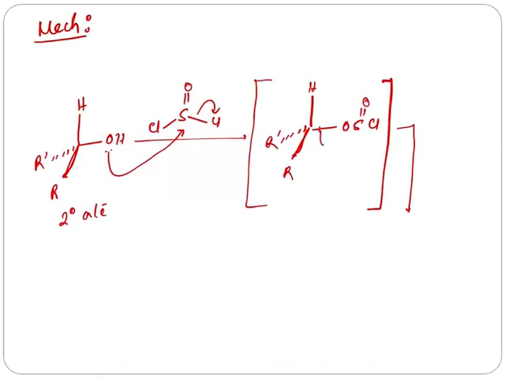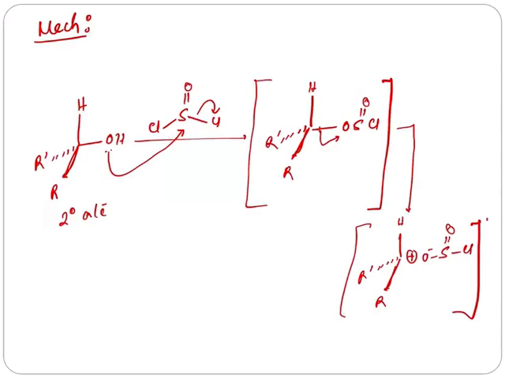Now this bond cleaves to form a tight ion pair of a carbocation and a counter anion, and this is a tight ion pair, and this is a short-lived species.